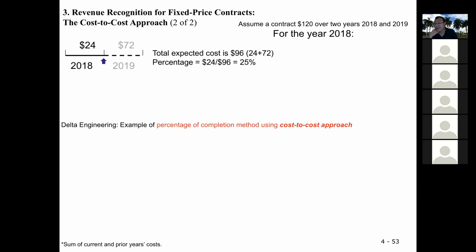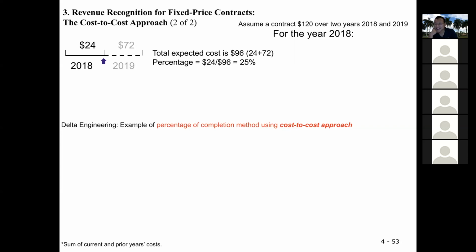Yes, right? Because that's the time I know my progress. That's the time I need to recognize my revenue. You cannot recognize the revenue at the beginning of 2018 because the percentage of completion is 0%. Yes. Okay.